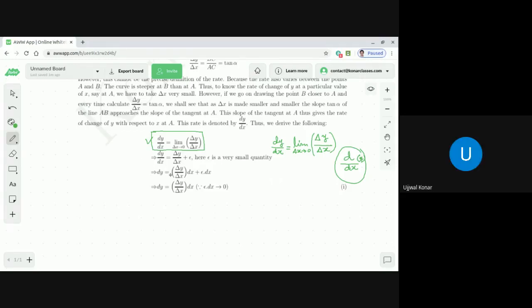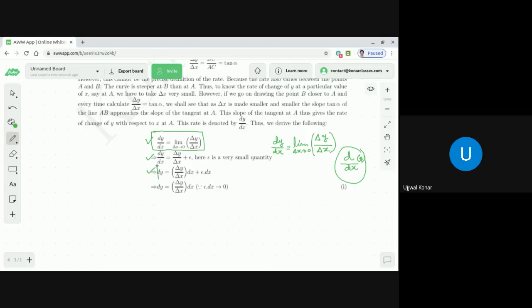So we find dy dx equals delta y by delta x plus epsilon, where epsilon is a very small quantity. The next step, we multiply by dx. So we get dy is equal to delta y by delta x into dx plus epsilon into dx.